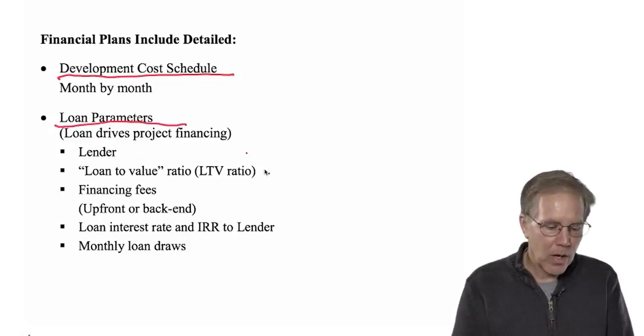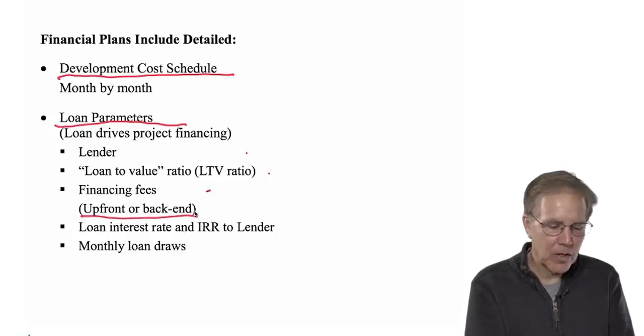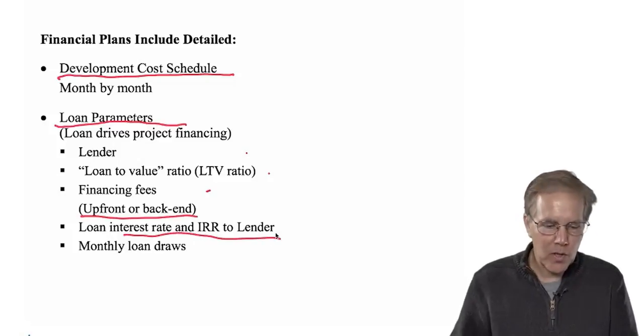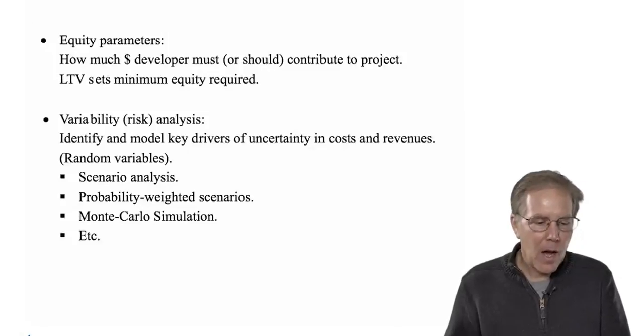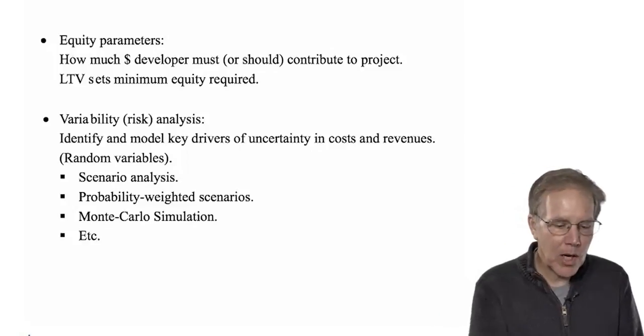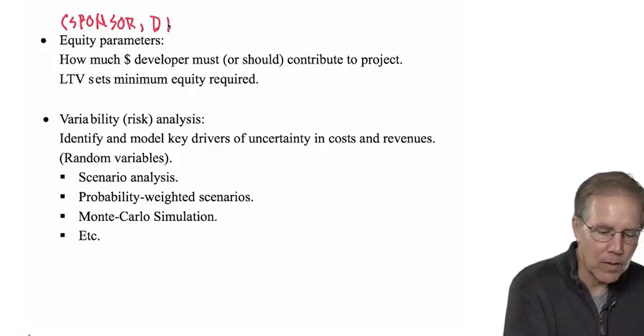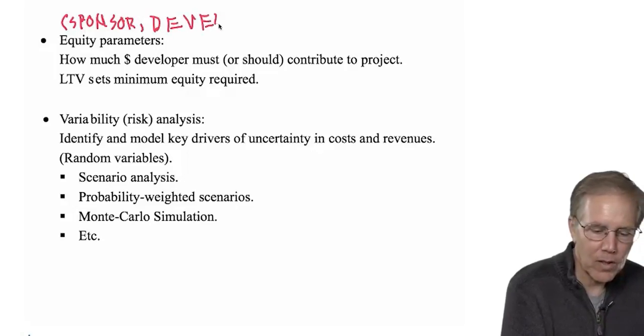Who's our lender, what our loan to value is, we'll learn about that, financing fees, which could be either upfront or back end or both. We're going to need to know the interest rate and the lender's internal rate of return, what are our monthly draws, all sorts of stuff like that. In terms of the sponsor, equity, remember, synonym for sponsor or developer, all mean the same thing.